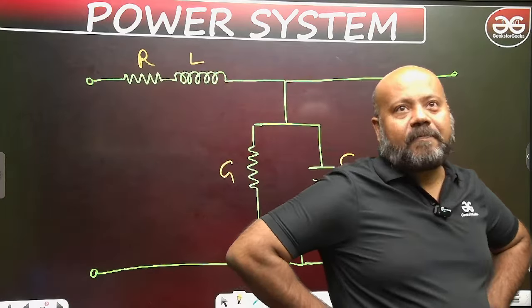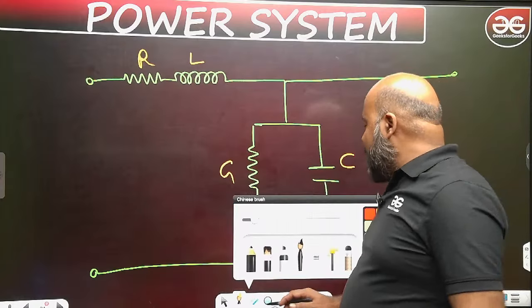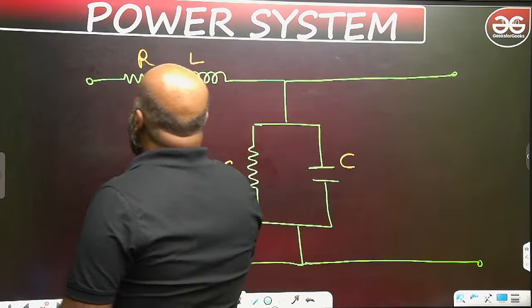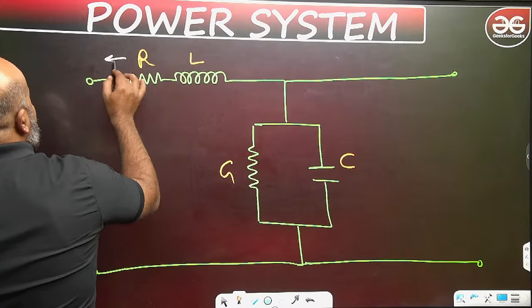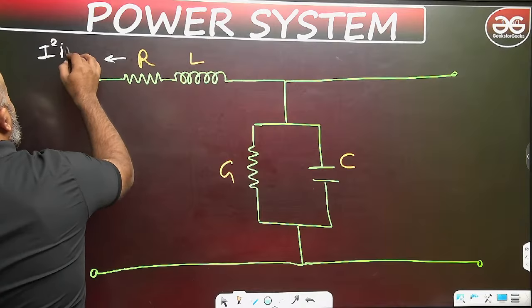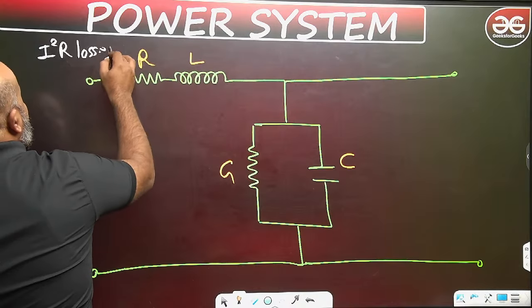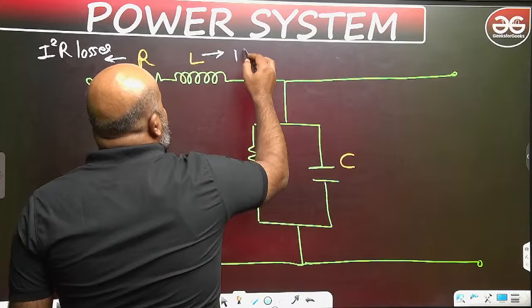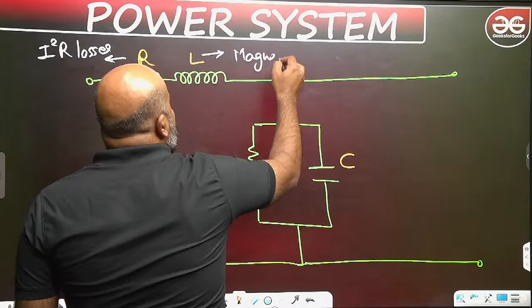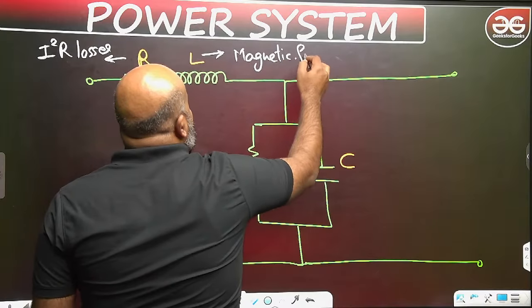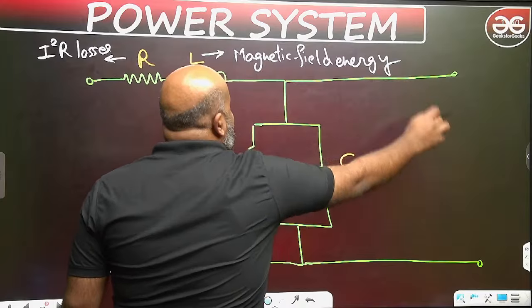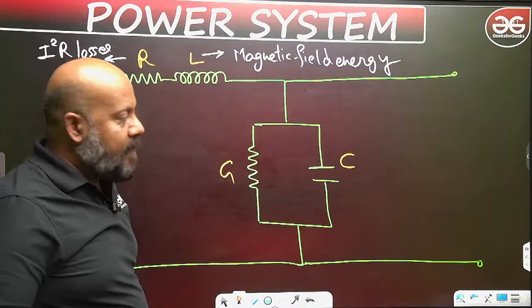Welcome to the session. So what is R representing here? This R represents the I squared R losses in the line. What is L representing?